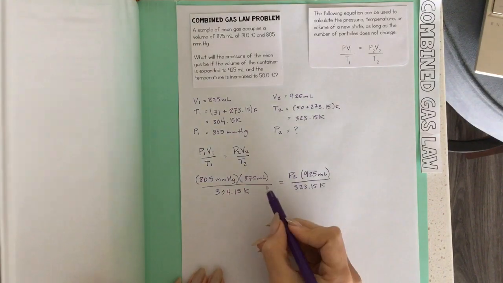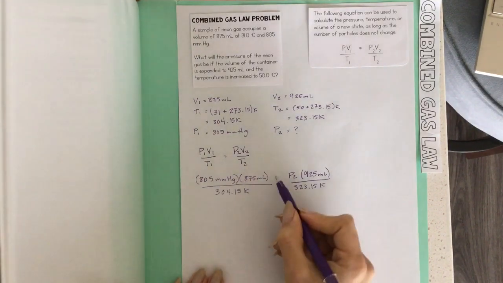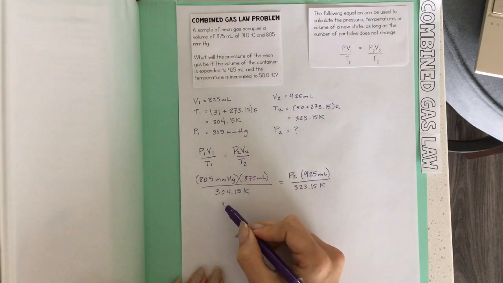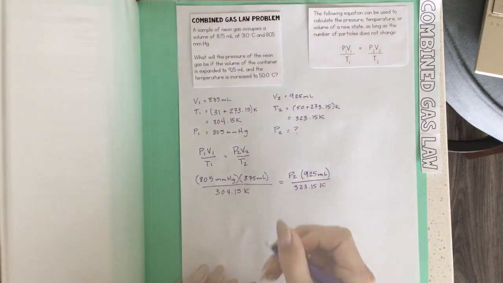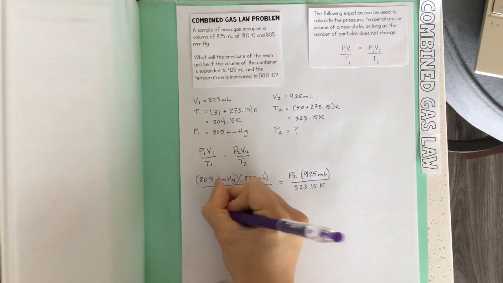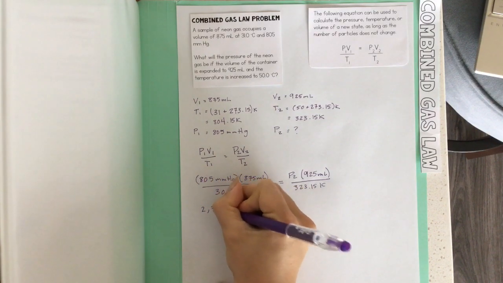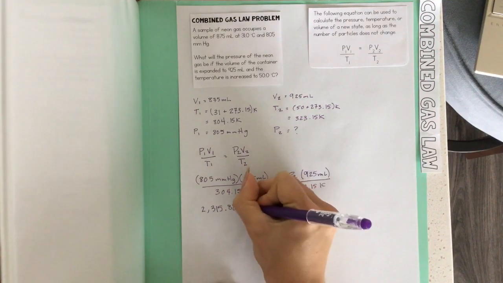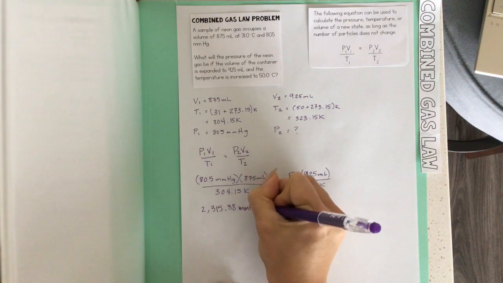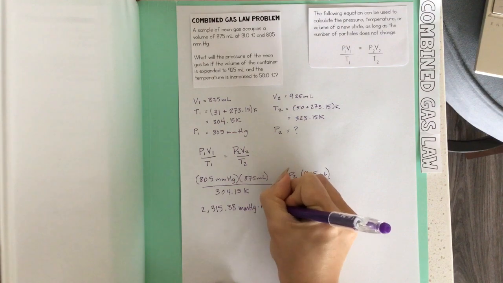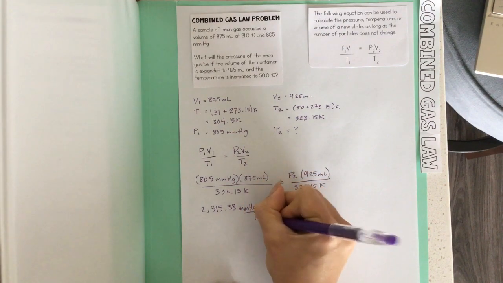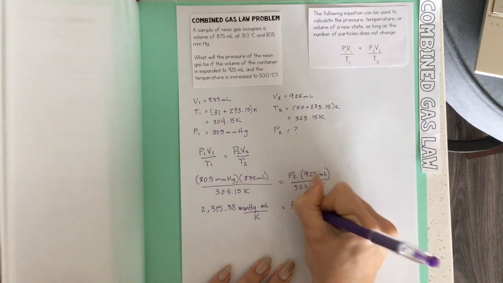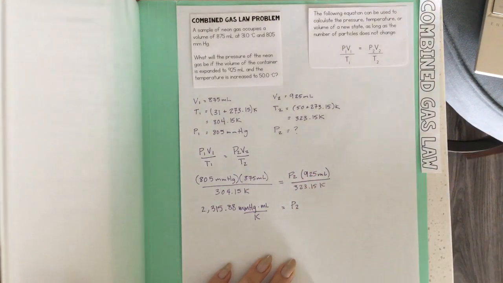The first thing I'm going to do is solve for this side of the equation. 805 multiplied by 875 divided by 304.15. Now on this side, P2 is multiplied by just a number.